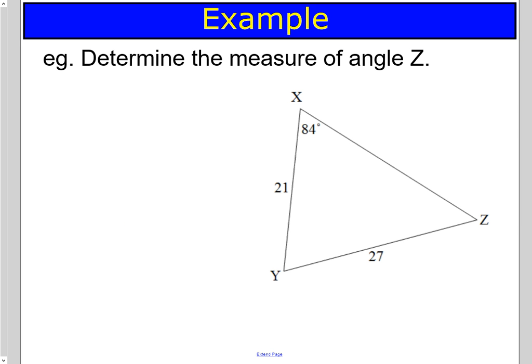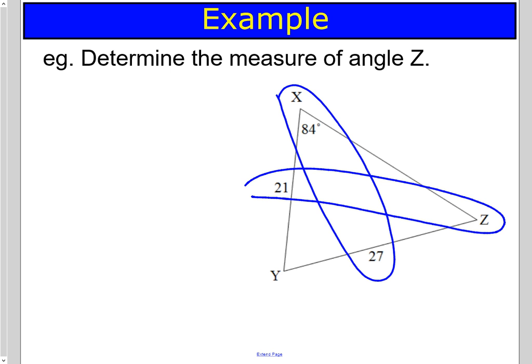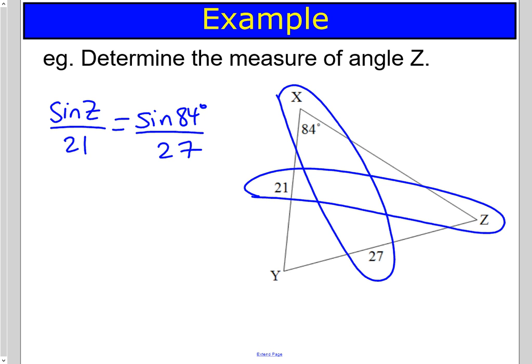How about you give this one a try on your own? Pause the video here, see if you can do it, and then come back to see the solution. All right, so if you're back, you've noticed that you have this angle on this opposite side, and this is the angle that you're looking for. So I'm going to start with sine Z over 21 is equal to the sine of 84 over 27.